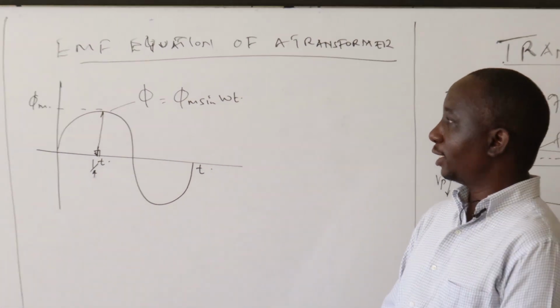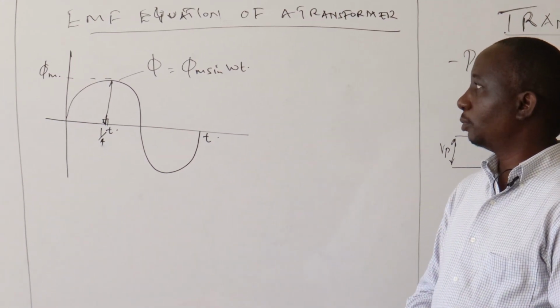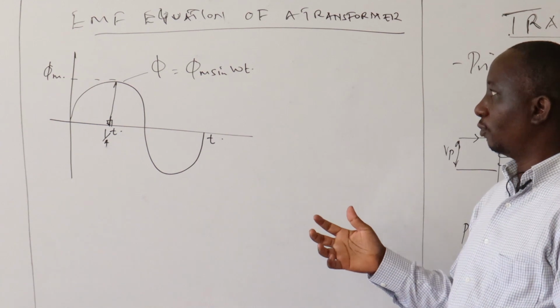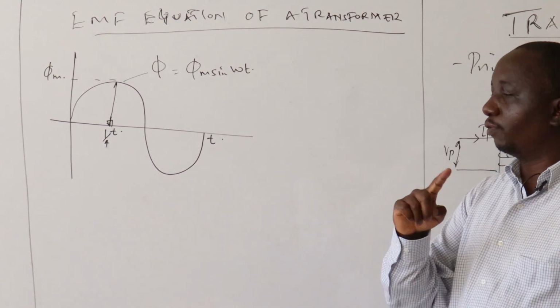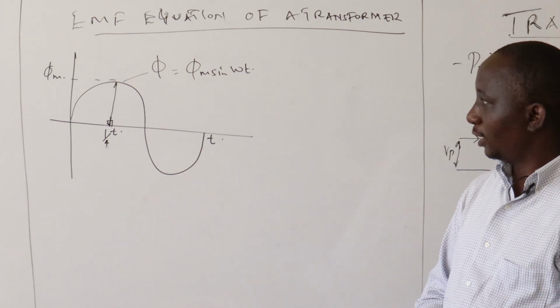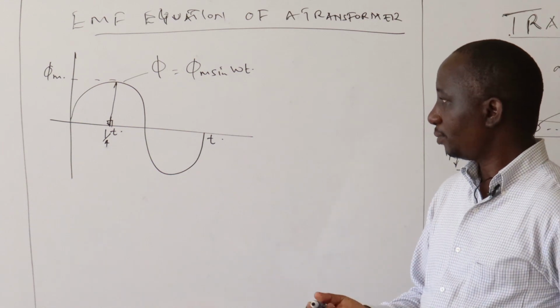This is the standard expression for any AC quantity. It is given in terms of the maximum displacement, and sine of omega t is the phasor angle at the point at which the conductor cuts the flux. So we say that the average flux is produced at a quarter cycle.